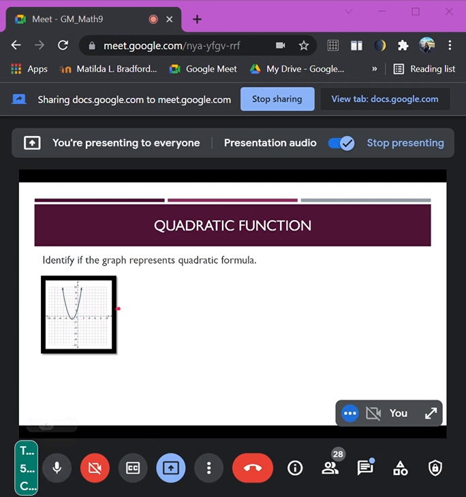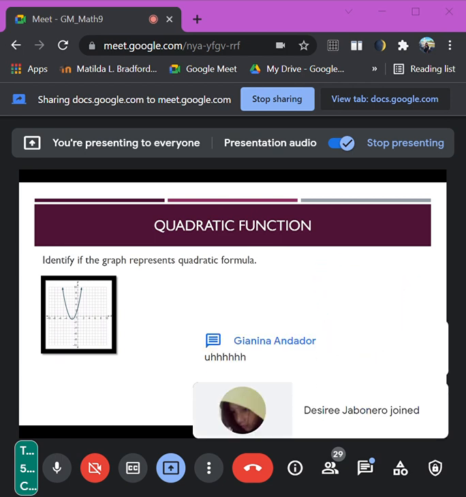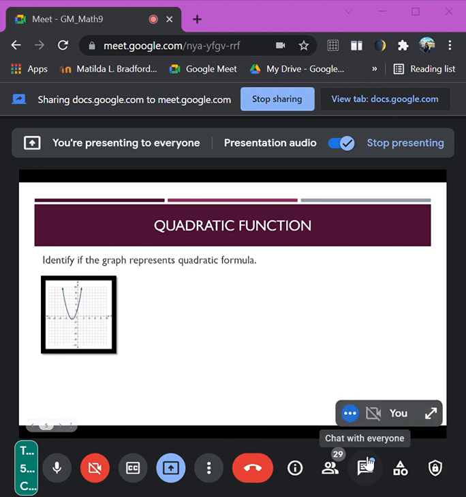This one. Quadratic function, dili. Sama sa akong gidrawing ganina katong using lang sa kaning red. Yes or no? Quadratic function, yes or no? Parabola.